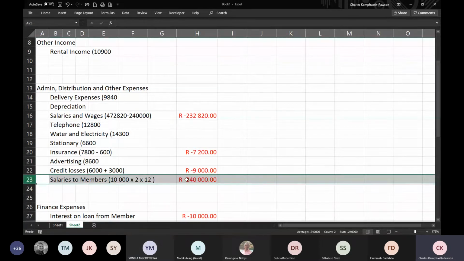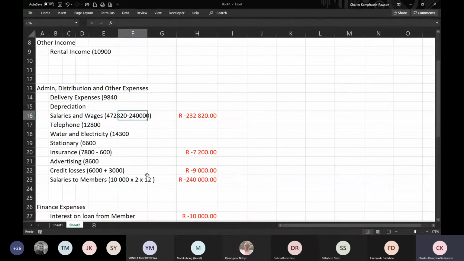So that's why I'm putting 240,000 there and I'm subtracting 240,000 there. So I'm making that expense less and this expense more. All right. You happy? Yes, thank you.